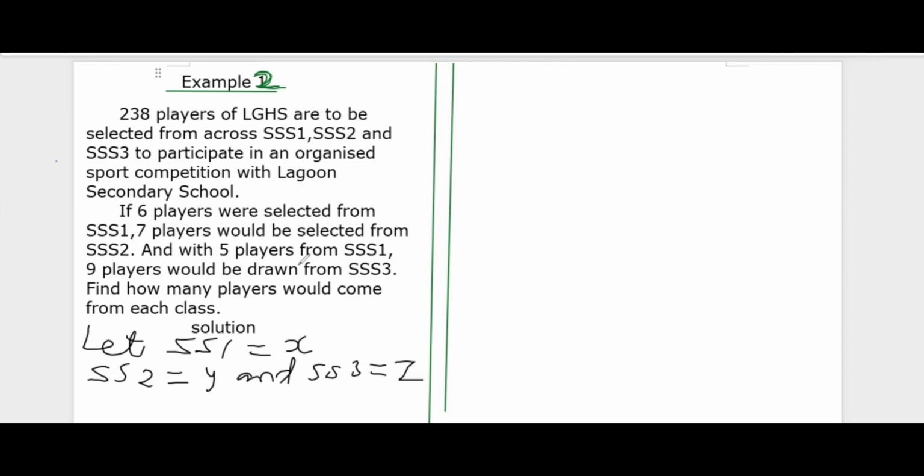So in this case, the first statement says that 6 players from SS1, SS2 will be 7.